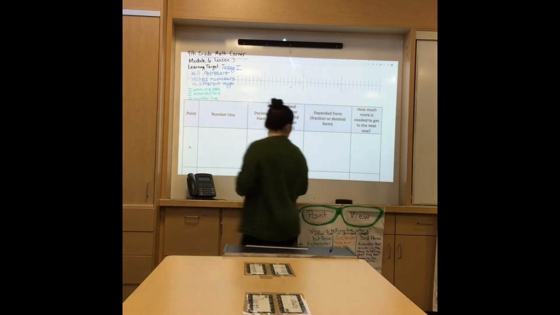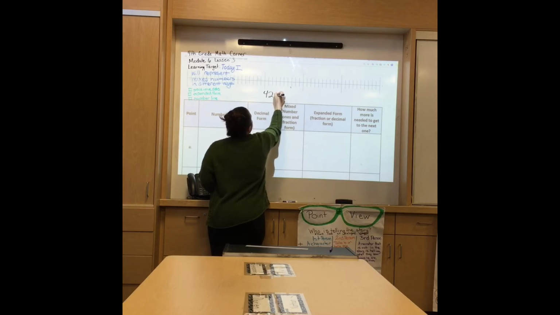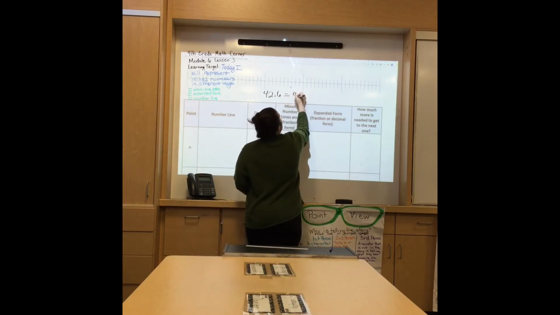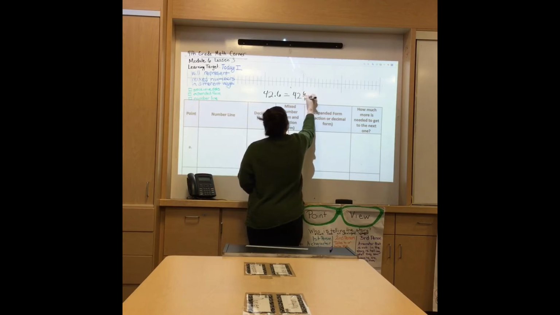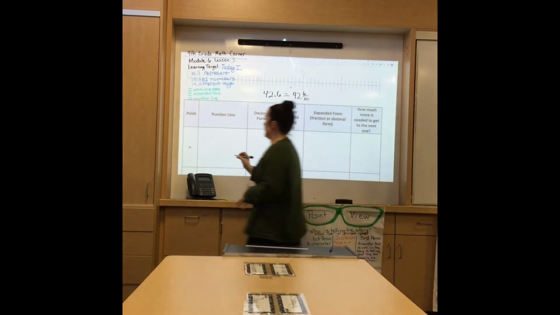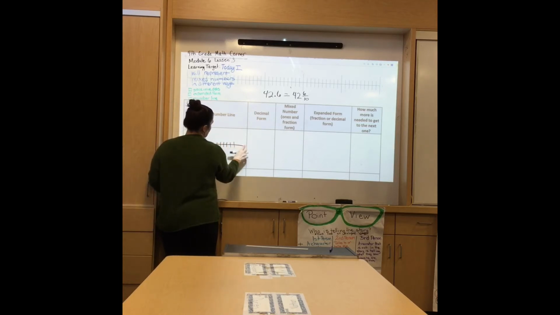Okay? So we know that the number we're working on is 42 and 6/10, or 42 6/10. Okay? And on the number line, if you remember, we started at 42. And we went up 1, 2, 3, 4, 5, 6, 7, 8, 9, 10.